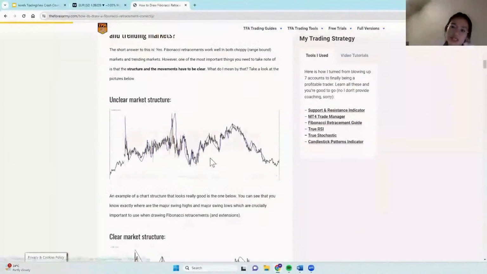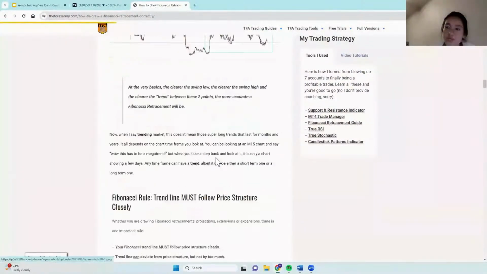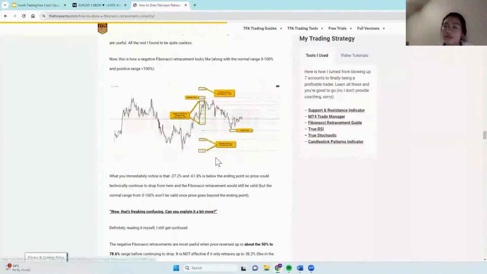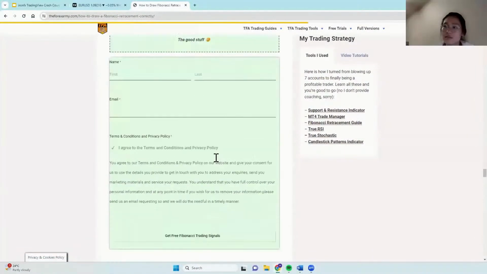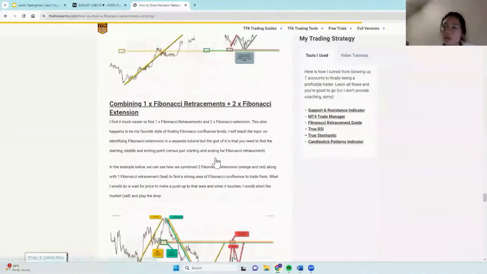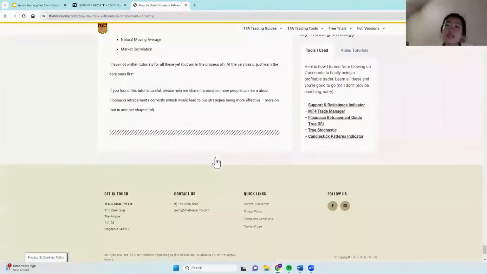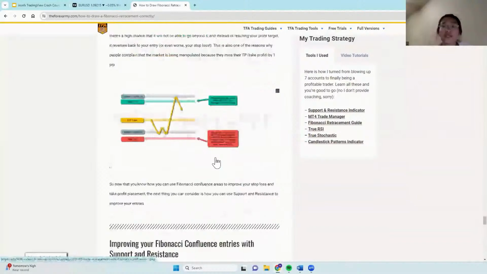The one that I mentioned earlier was a projection, and we use the Fibonacci extension tool. So it gives you all of the basics for your Fibonacci techniques.